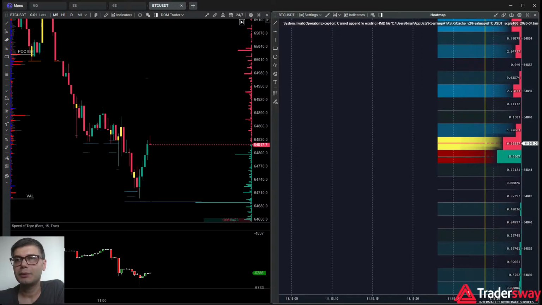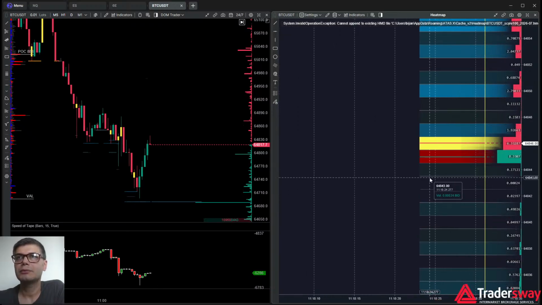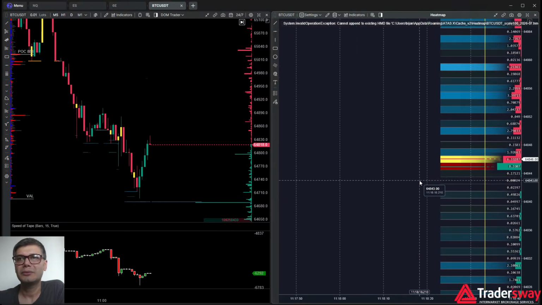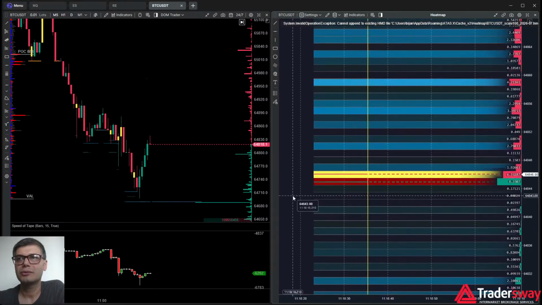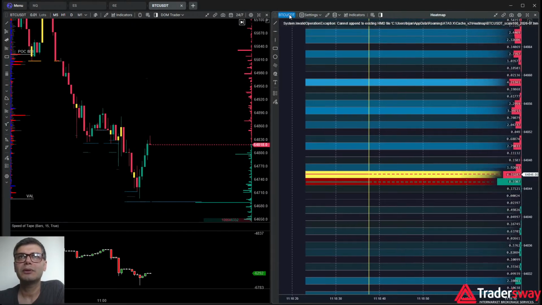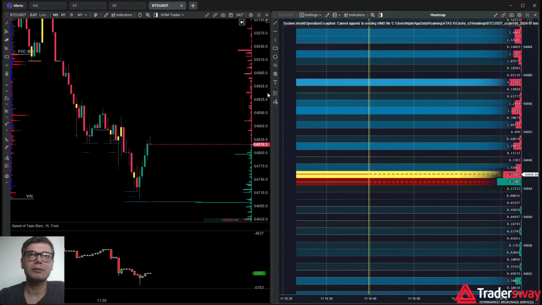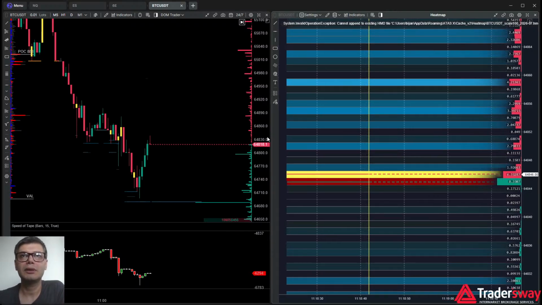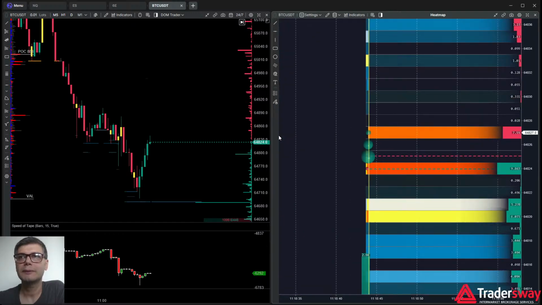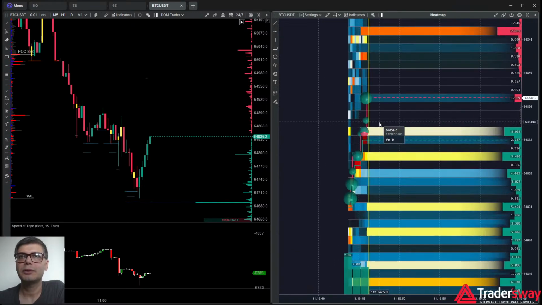Heat map system invalid operation exception. I don't know, why do I get these errors? Now it doesn't work, it gives me an error. Let's see if it gives the futures. Okay, the futures is working.